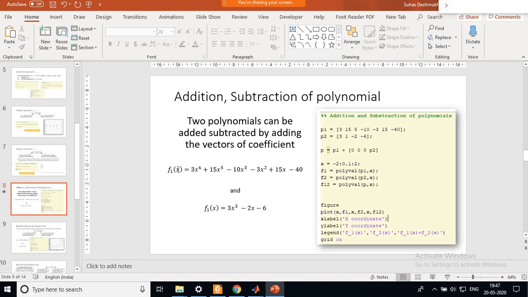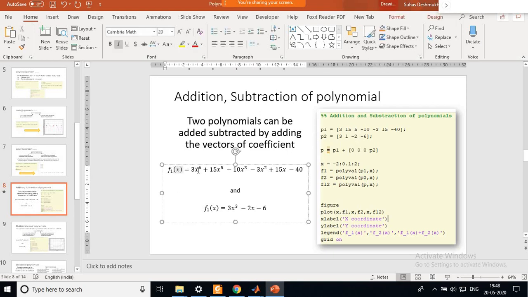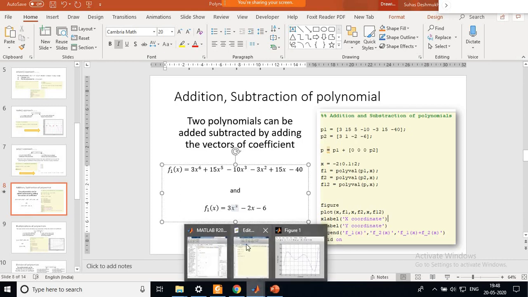P1 here is a 6th order polynomial and this is a 3rd order polynomial. A 6th order polynomial needs a total of 7 coefficients, and a 3rd order polynomial needs 4 coefficients. Now you can go on adding and construct it.